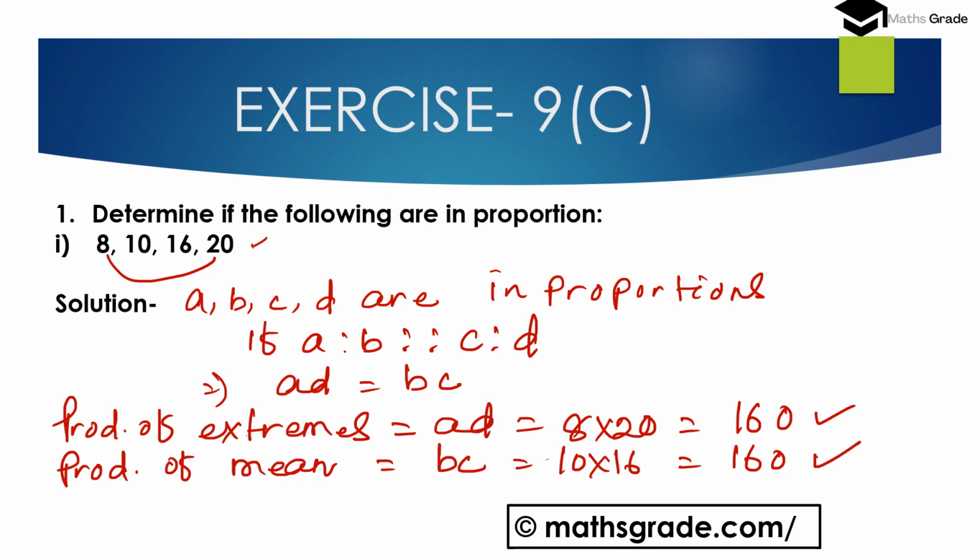So product of extreme is equal to product of mean, 160 is equal to 160. So we get both the product of extreme and product of mean are equal. So the numbers 8, 10, 16 and 20 are in proportion.